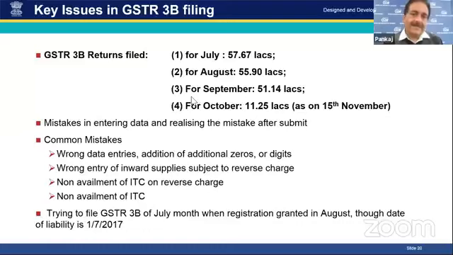For the month of August, this figure is 55.90 lakh taxpayers. For the month of September, 51.14 lakh taxpayers have successfully filed the GSTR 3B, and the process is still going on for the month of October. As on 15th of November, as many as 11.25 lakh taxpayers have filed their GSTR 3B.